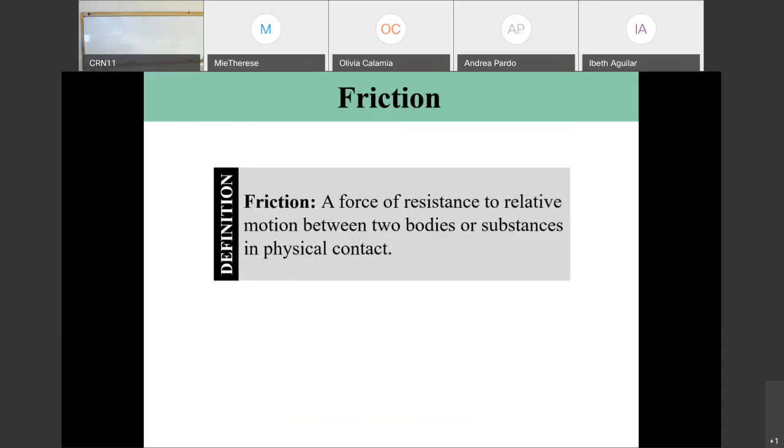Friction is another force that we should be very familiarized with already, because you actually experience it every day. When you walk, when you try to move things, right, you have a force of friction, which is the resistance to motion. You can also talk about friction for falling objects, right?